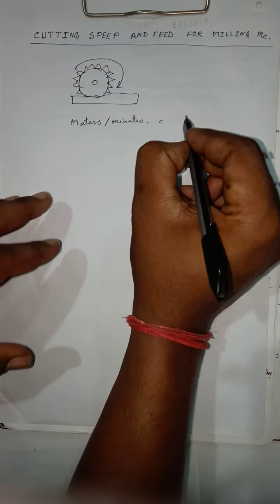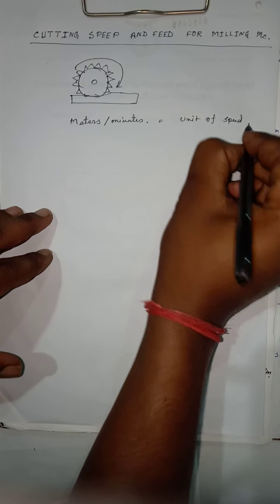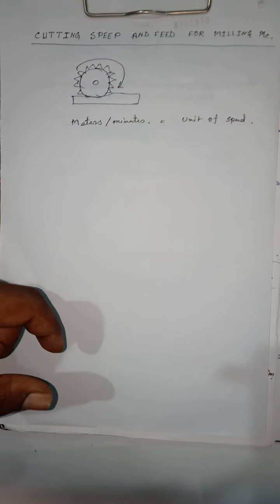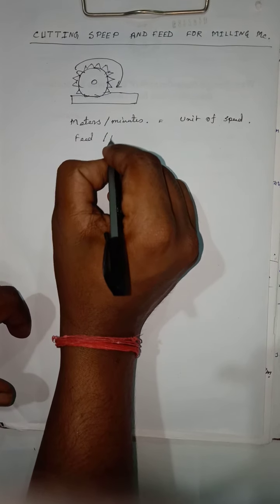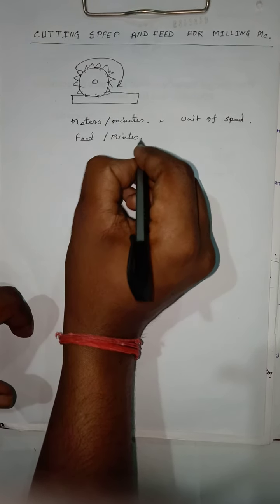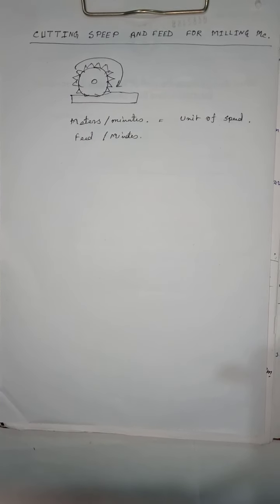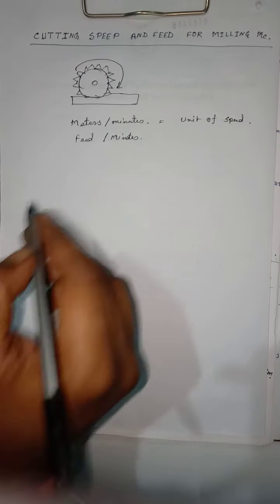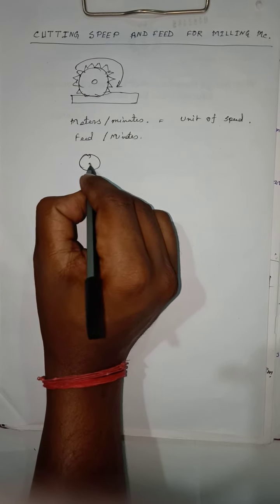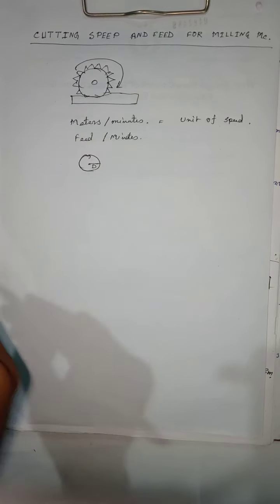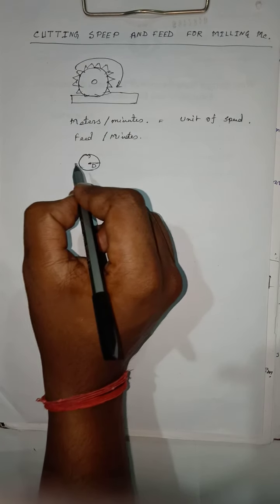It is a unit of speed, or feet per minute. Now, what happens? We consider the cutter's diameter D, and it revolves at N revolutions.